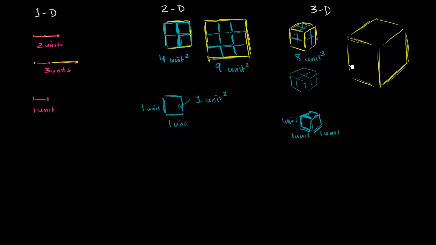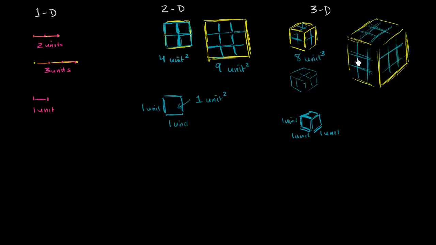What about here? Well, if we try to fit it all in, let me see how well I can draw this. It's going to look something like this. Obviously, this is kind of a rough drawing.